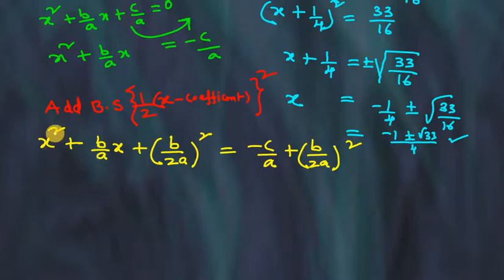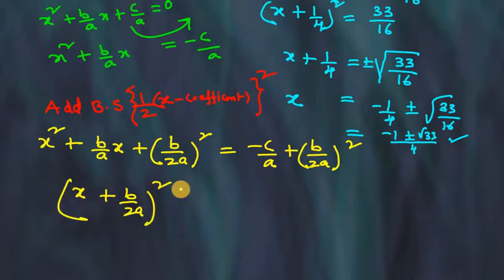So a square, this is b square, this middle term is 2ab. If we expand this, you will get the same as the above expression, x plus b by 2a whole square. So x square, b by 2a whole square, 2 times of x into b by 2a, you will get b by a x.